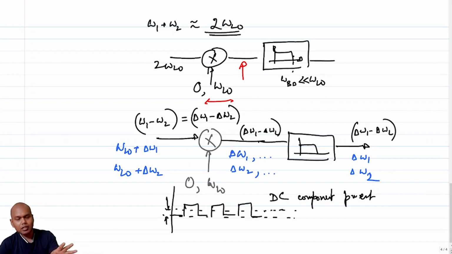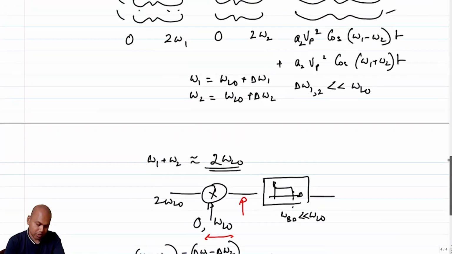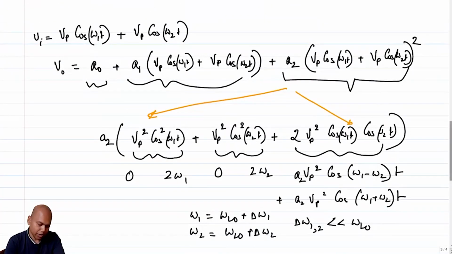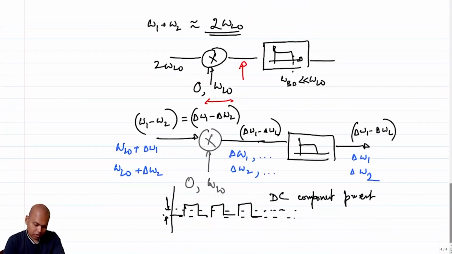So that additional term that you are getting, what is the strength of that term? And by the way, what is the amplitude of the delta omega 1 and delta omega 2 terms? The amplitude of these terms is Vp times A1, right? So these terms have an amplitude of Vp times A1. But what is the amplitude of this term?